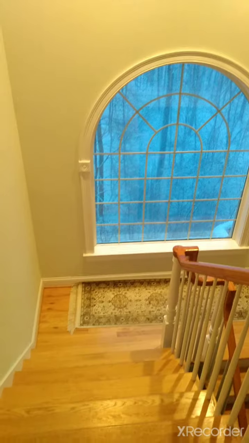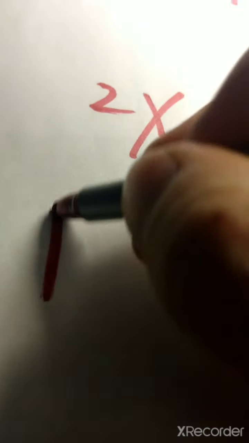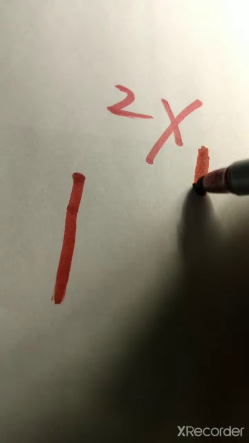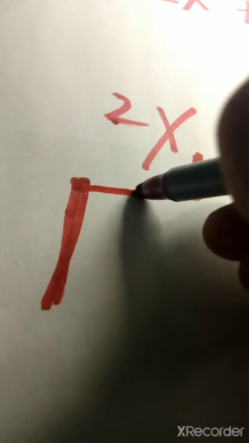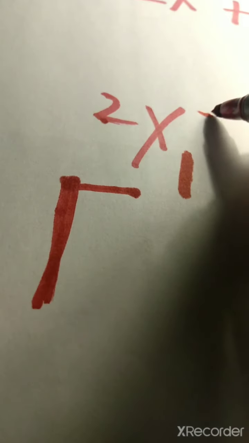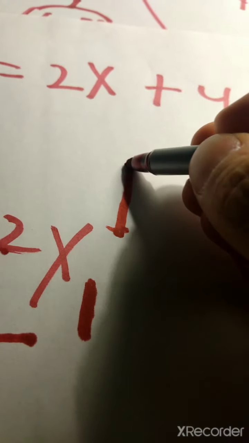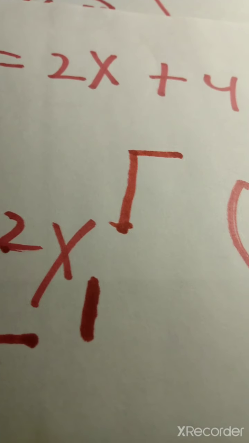Just like the stairs, when we do rise divided by run, 2x is saying we rise 2, then since we have nothing filled for x, we're always going to say it's 1. So rise up 2, x is 1. Rise up 2, x is 1.